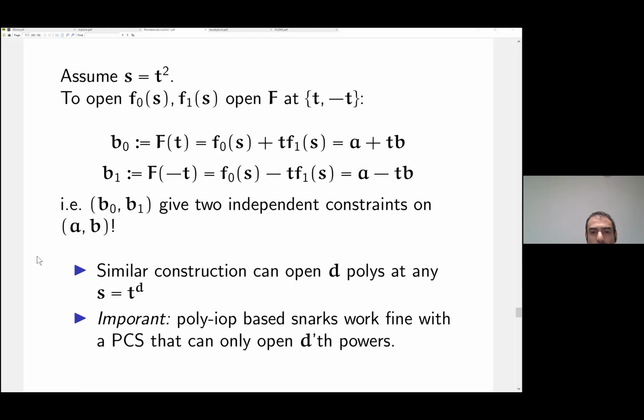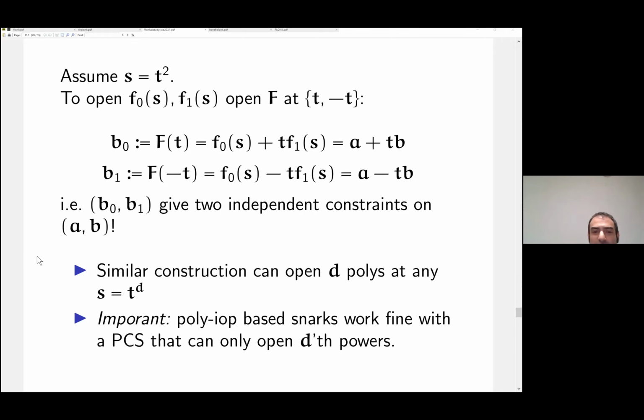Yeah, so two points. One is that a straightforward generalization of this allows you to open d polynomials at any point that is a d power. Here we open two polynomials using one polynomial. If you want to open d polynomials at some point s using also just one polynomial, you can do it using a point that is a d power.